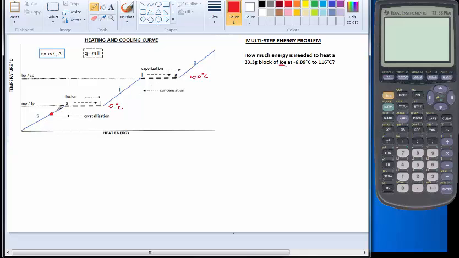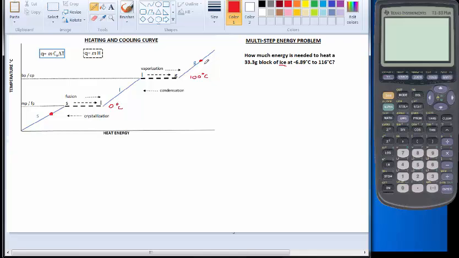It doesn't matter where we put our dots so long as we know that it's under 0 degrees Celsius. Our problem also states that the ice is heated to 116 degrees Celsius, which means that our problem is going to end on the gas line of our heating and cooling curve.